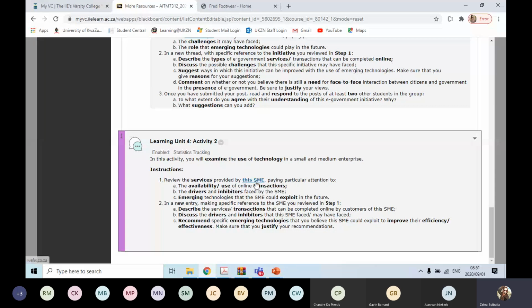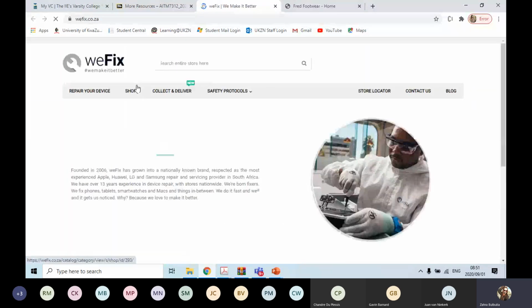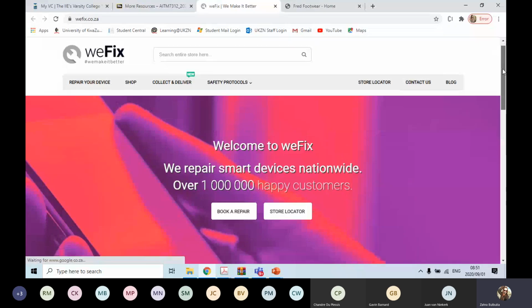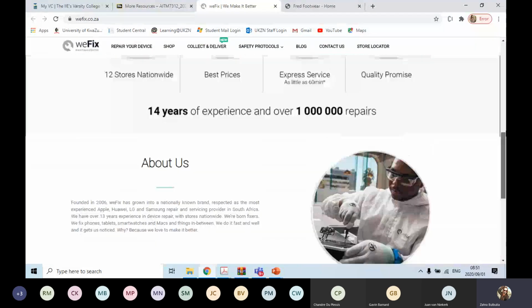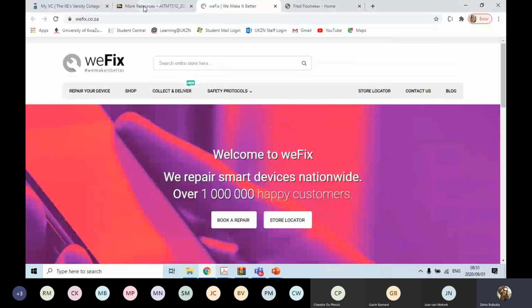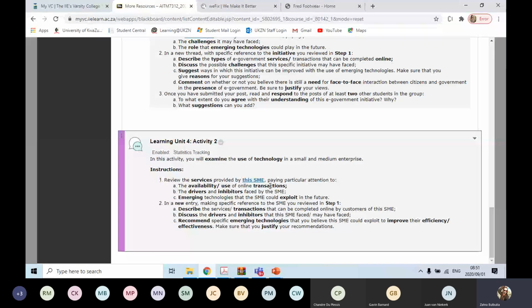So review the services provided by this SME, which is the same one in your take-home exam, right? WeFix. You're going to pay attention to the availability and use of online transactions, the drivers and inhibitors faced by the SME. So basically, if you do this activity now, you've already answered one question in your exam.